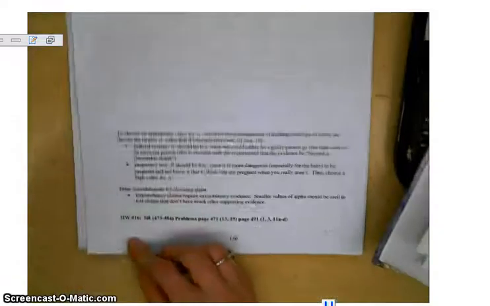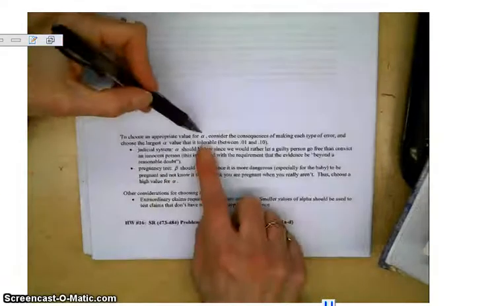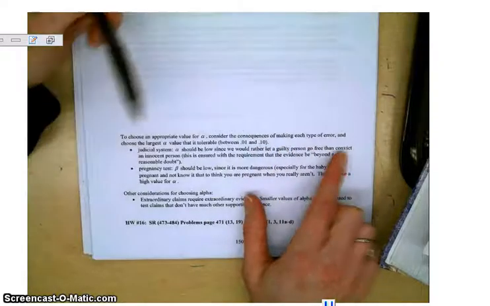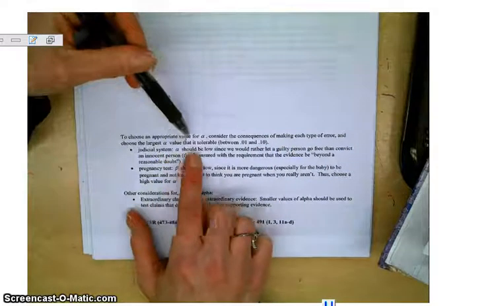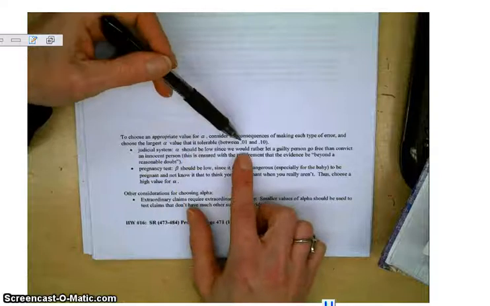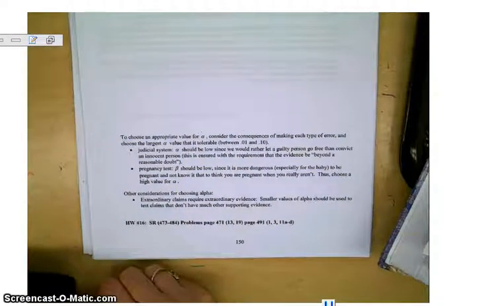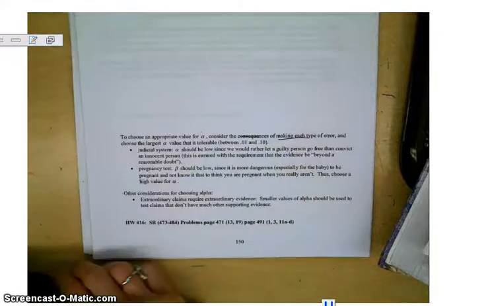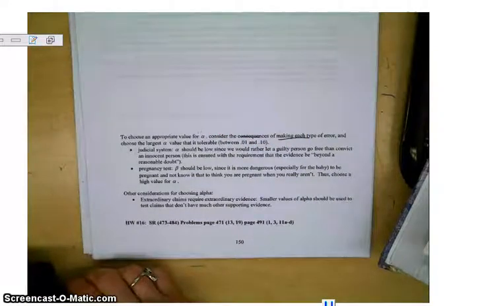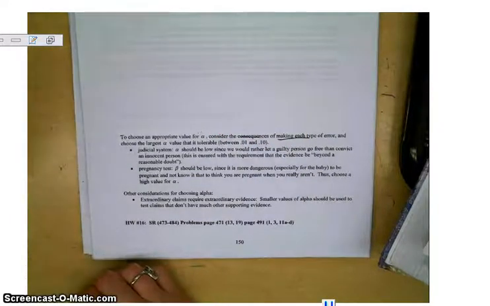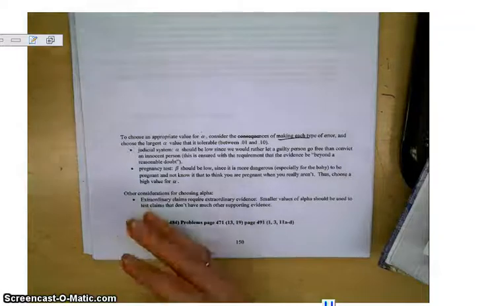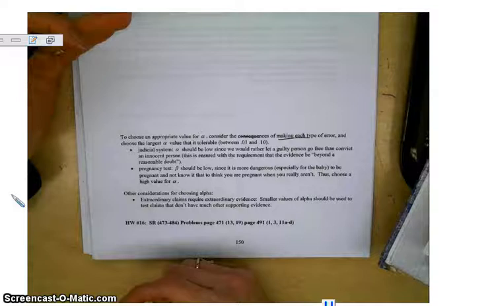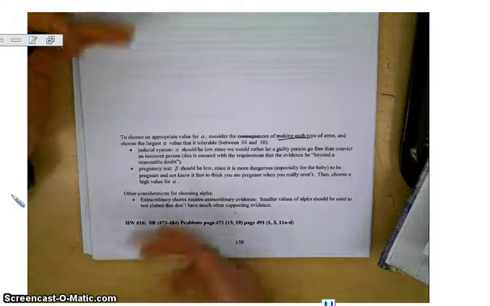If we look down at the bottom, to choose an appropriate value for alpha, consider the consequences of making each type of error, and choose the largest alpha value that is tolerable, between 0.01 and 0.10. So you should always consider the consequences of making each type of error. For the farmer who wanted to test the fertilizer on his tomatoes, the type 1 error was deciding the fertilizer worked when it didn't and wasting money.